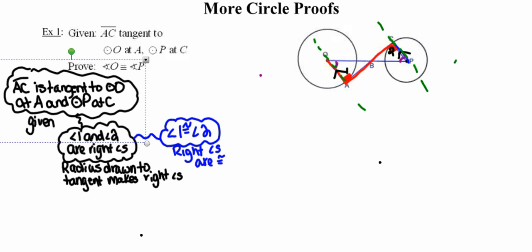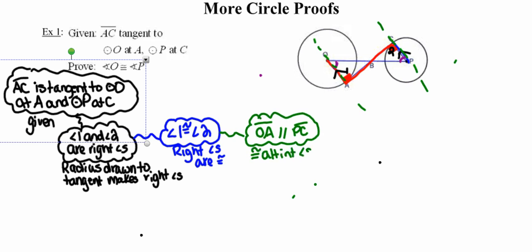That makes the green lines parallel to one another. So this tells us that line segment OA must be parallel to line segment PC, because anytime we have congruent alternate interior angles, it makes our lines parallel.